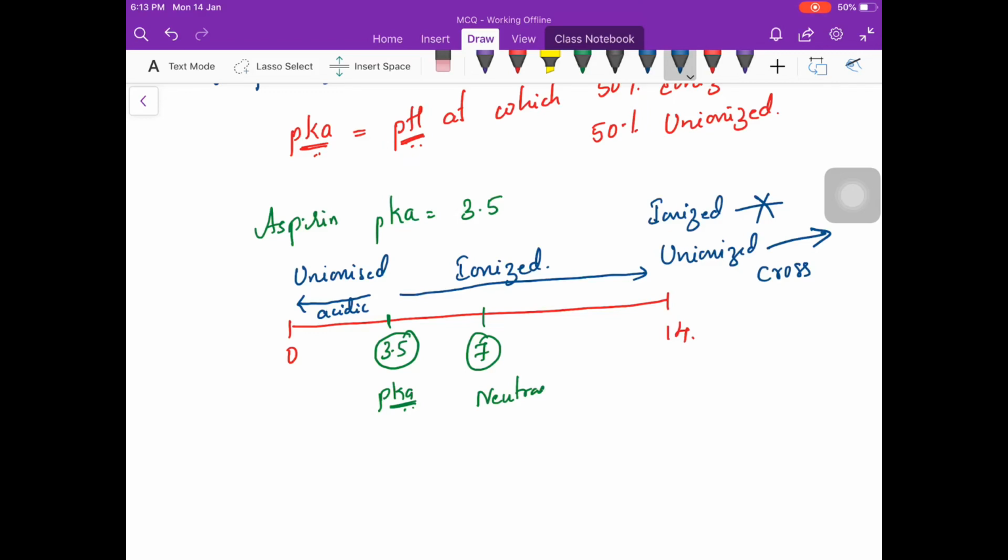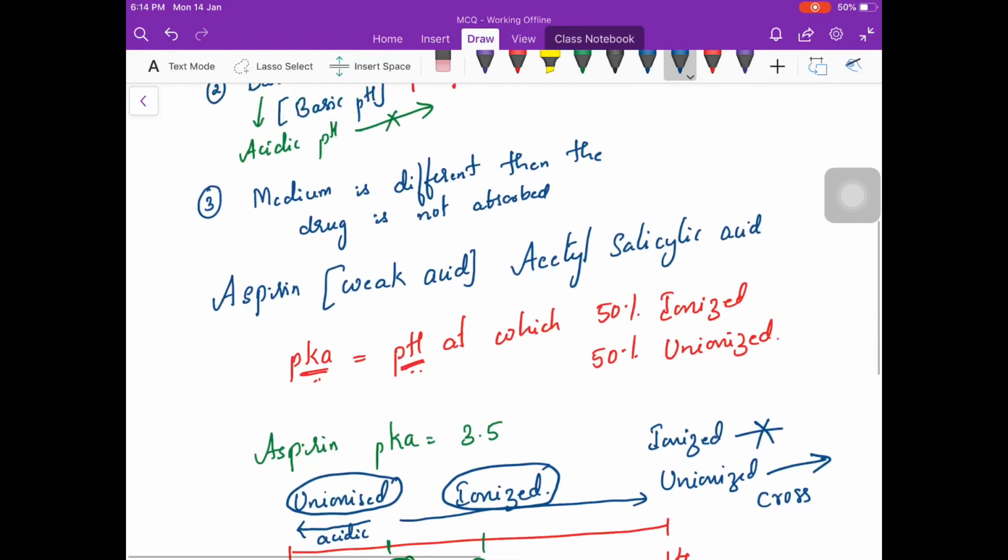One, same media, the drug will get absorbed. Different media, the drug will not be absorbed, or it may be excreted out. Third, ionized drug will not be absorbed, unionized will cross the membrane and be absorbed. And pKa is the pH at which 50% is ionized and 50% is unionized. So this will give an idea at what media the drug will be absorbed or not. Now come to the options which I have provided here.